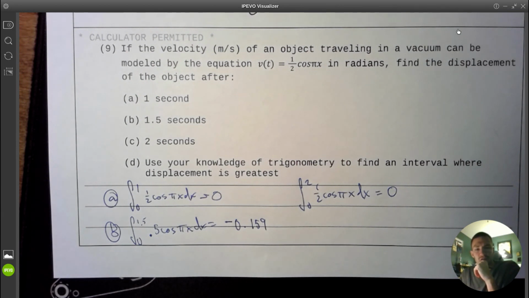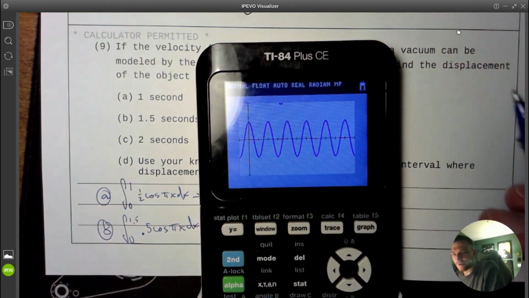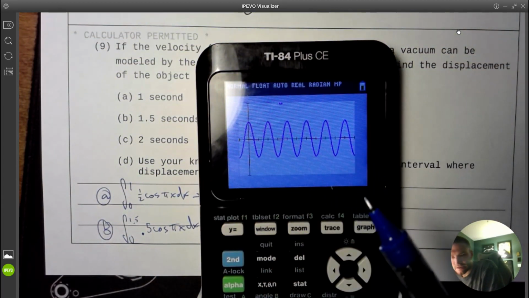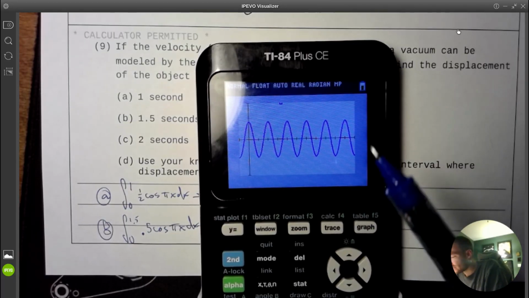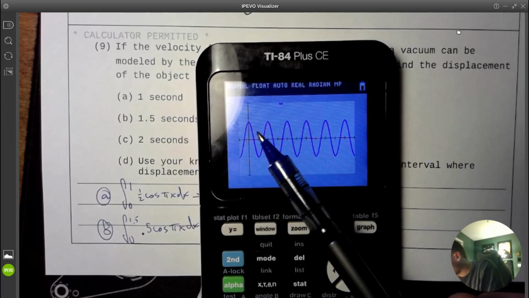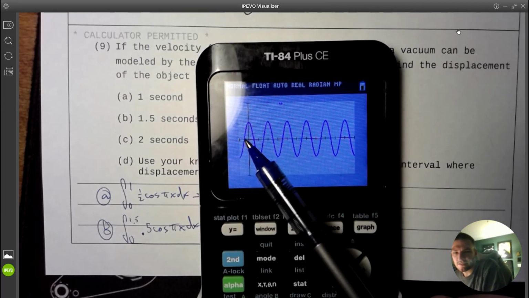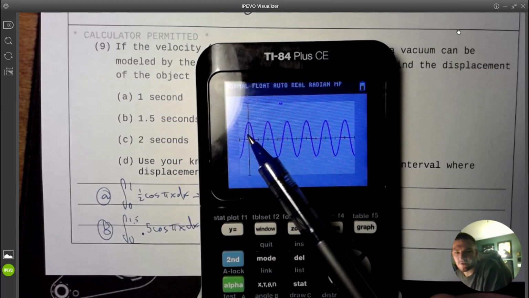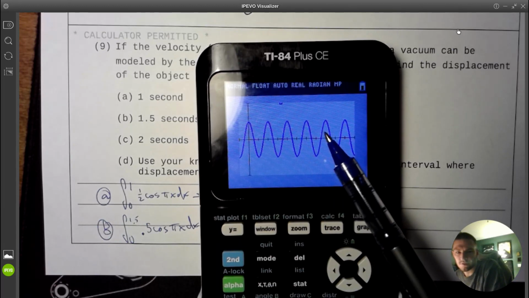Use your knowledge of trigonometry to find an interval where displacement is greatest. I like my graph now. Because what I want to do is try to find where I can make an interval that is super positive. Basically, I just want to pick this triangle up top, or this triangle, or this triangle, this triangle, this triangle.